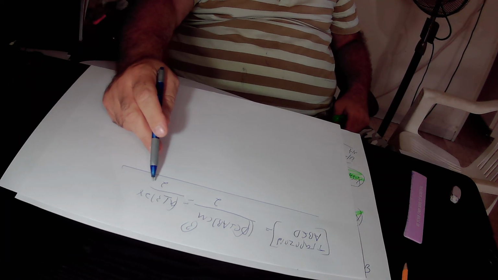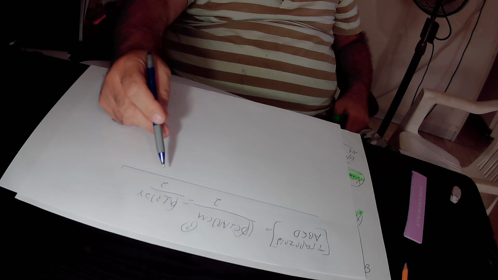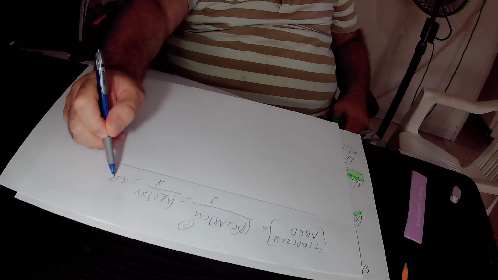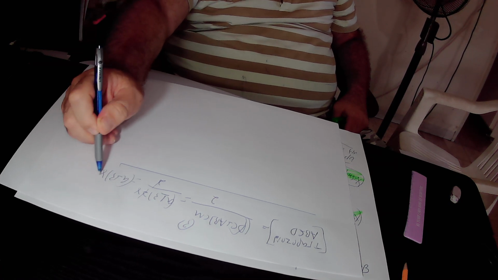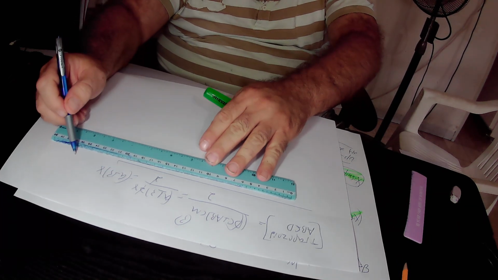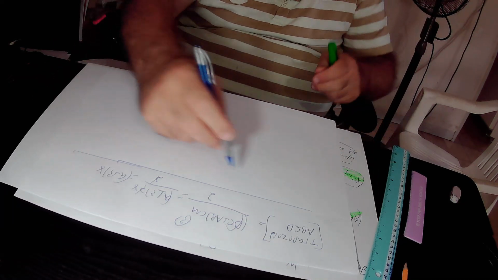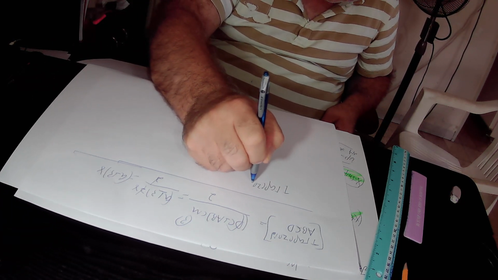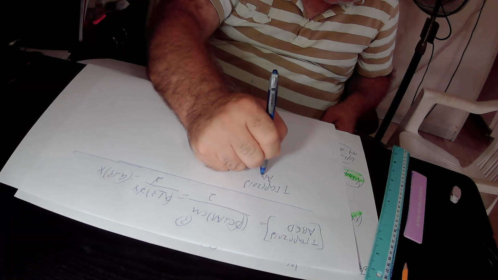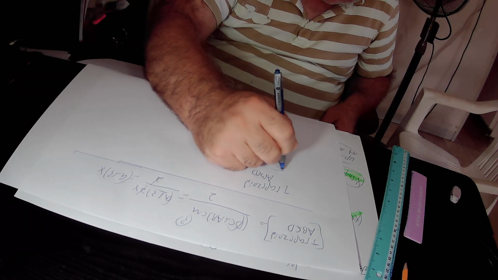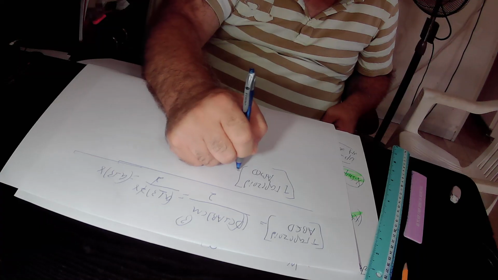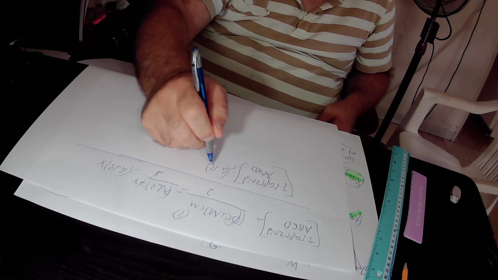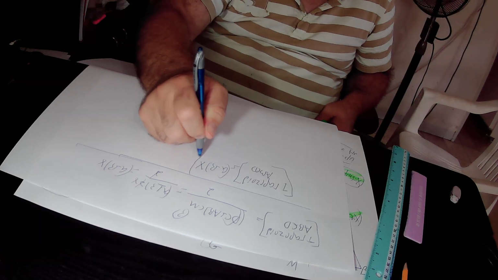We have 2 in the numerator, 2 in the denominator, so 2 gets cancelled. We are left only with a plus 3 times x. So in total, the area of trapezoid ABCD is equal to a plus 3 times x square units in its size.